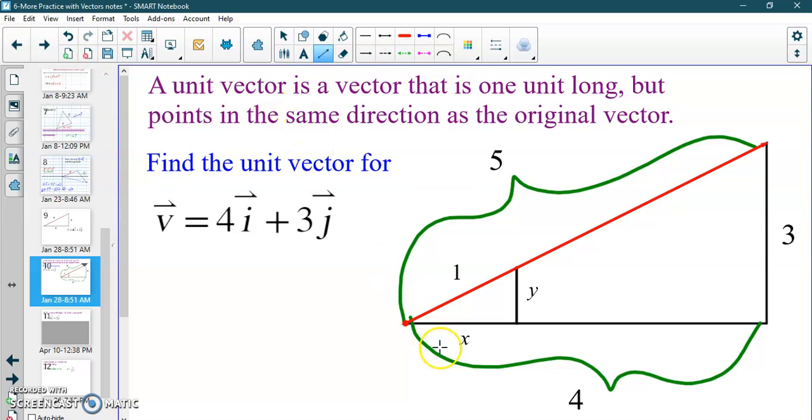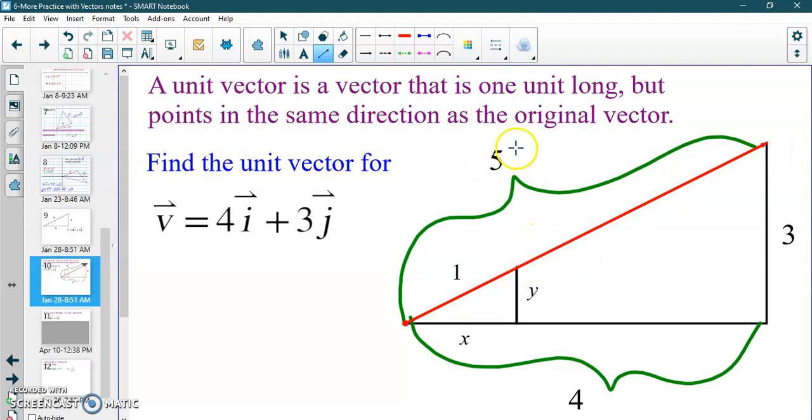So we have to take this vector, which has a magnitude of 5, and find what the components are if we shrink it down so it has only 1 unit for magnitude. First we find the actual magnitude of the vector, which is 5. Now we're just shrinking that down to 1.